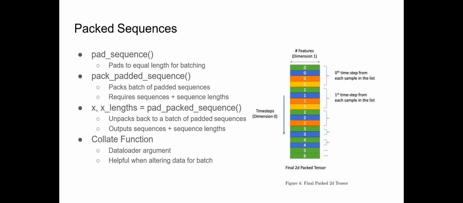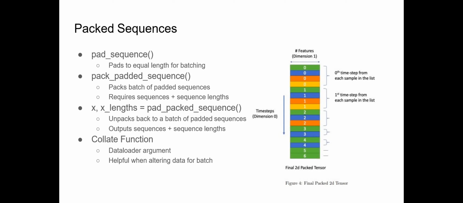It packs the whole batch of the padded sequence, and it requires sequences and sequence lengths as well. The reason we discussed before: it needs the lengths to unpack later. So the lengths are going to be important in every step over here.